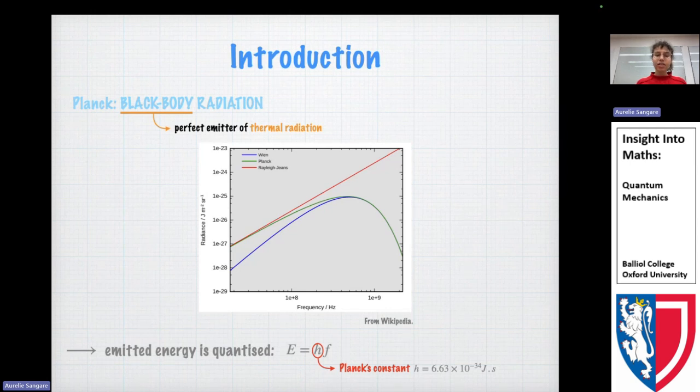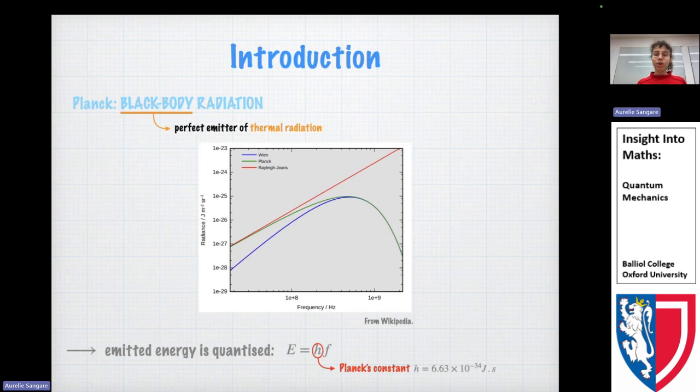And he said that each of these quanta of energy have energy E is equal to h times f. So here, h is a constant of proportionality, which we call Planck's constant, and it's equal to 6.63 times 10 to the minus 34 joule seconds.